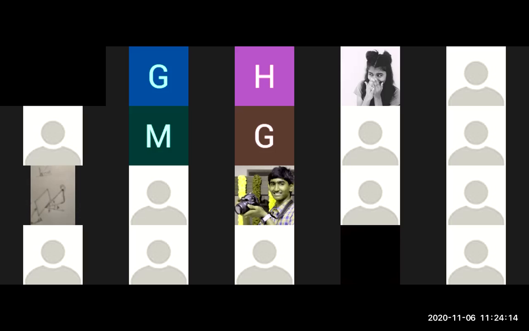See, there are two things you have to understand. We are going to design shading devices. Primarily, there are two types of shading devices: horizontal and vertical. I hope you are aware there is a vertical shading device also available.